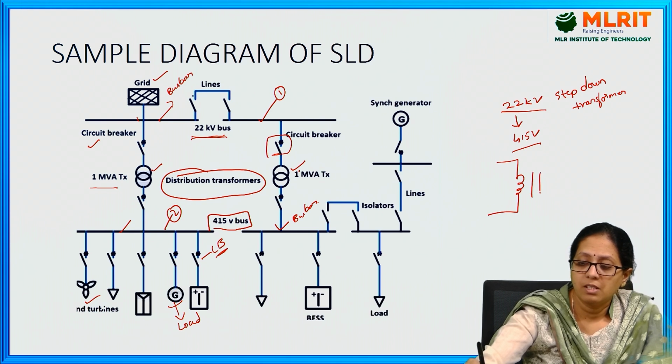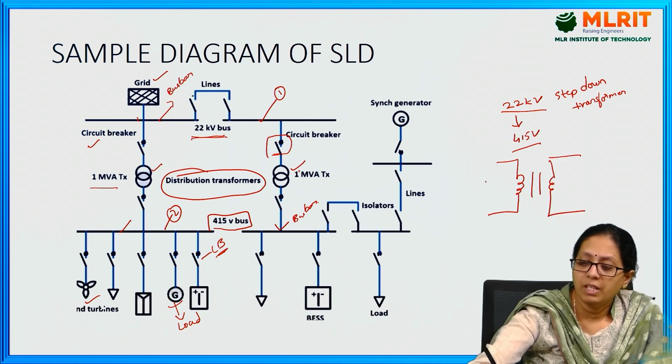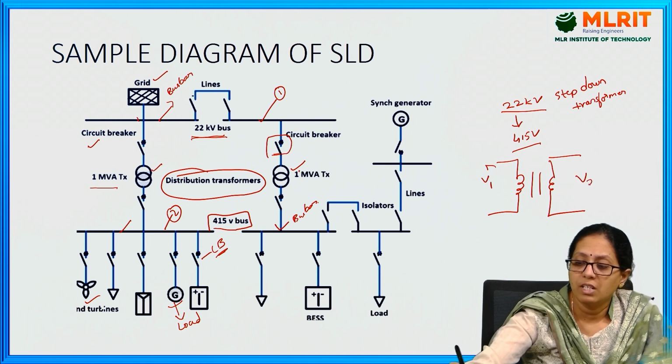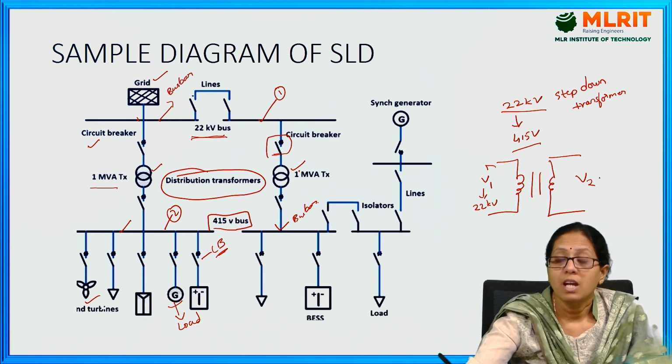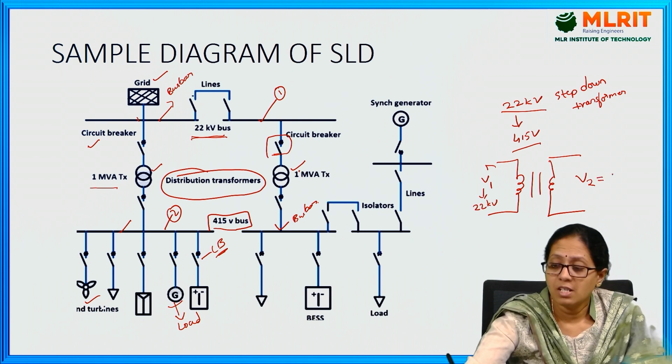That means this is your transformer symbol. The input primary voltage is V1, secondary voltage is V2. The input primary voltage is 22 kilovolts. The output secondary voltage is 415 volts.